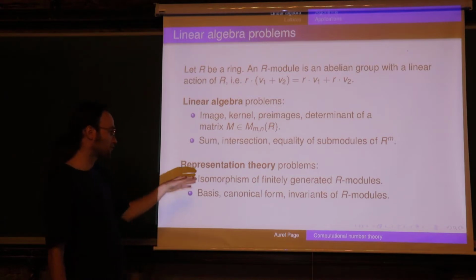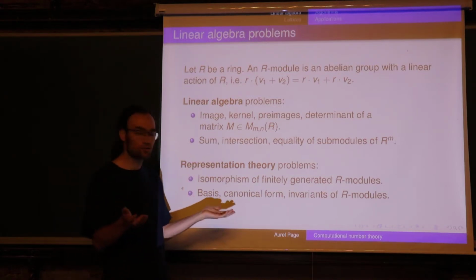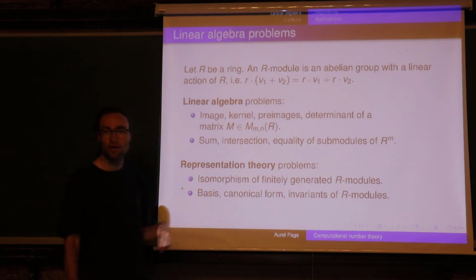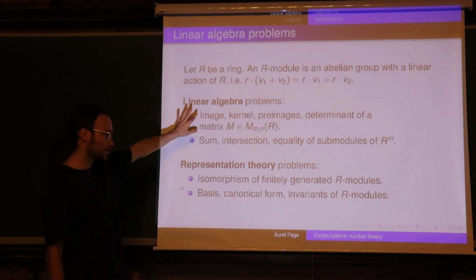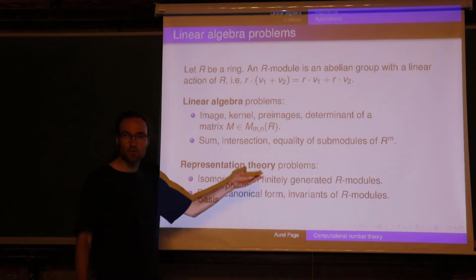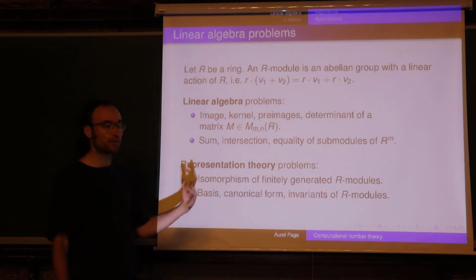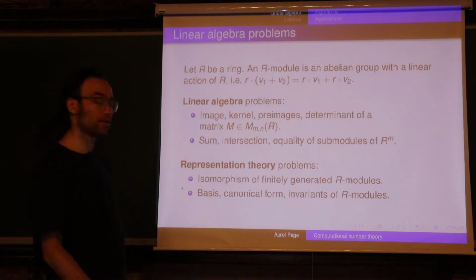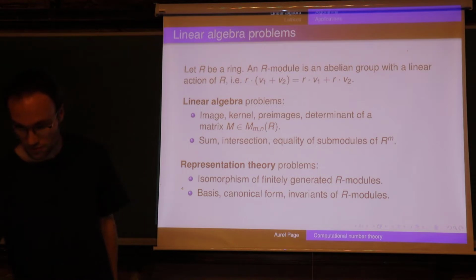For instance, vector spaces of finite dimension just have a dimension. This is the only invariant, and you can compute it with the same techniques as you do that, and that gives you bases and isomorphisms, but in general, it can be harder. Okay, so let me give you an example of these two types of problems.